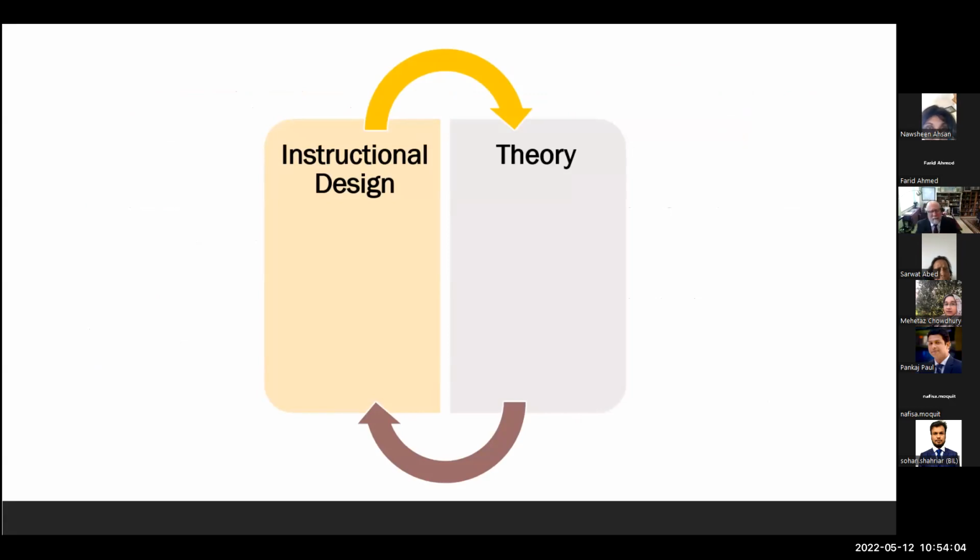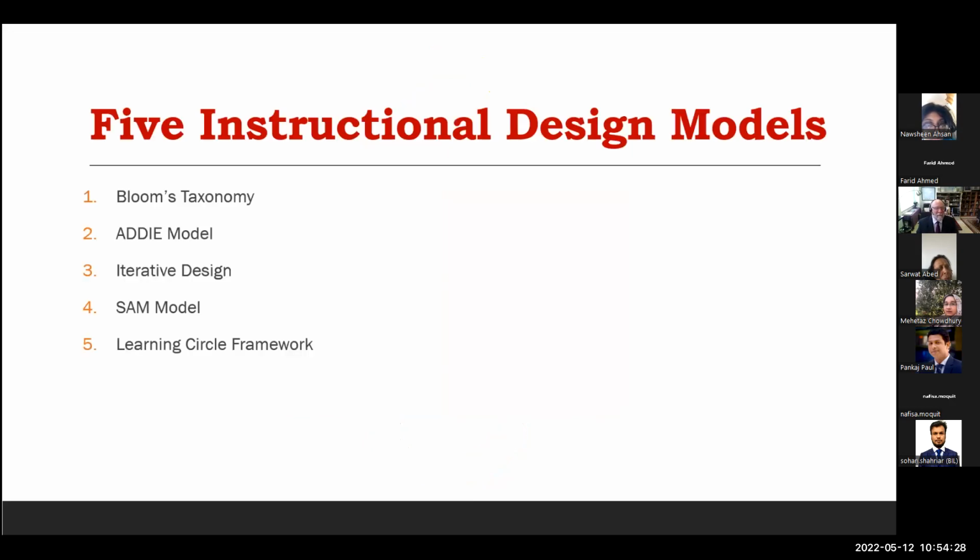Rarely is somebody purely a behaviorist or purely a constructivist. We mix all of that together a lot of times when we are in the practical situation of the classroom. But instructional design is related to theory in a way, and theory is related to instructional design as far as how they interact with each other.